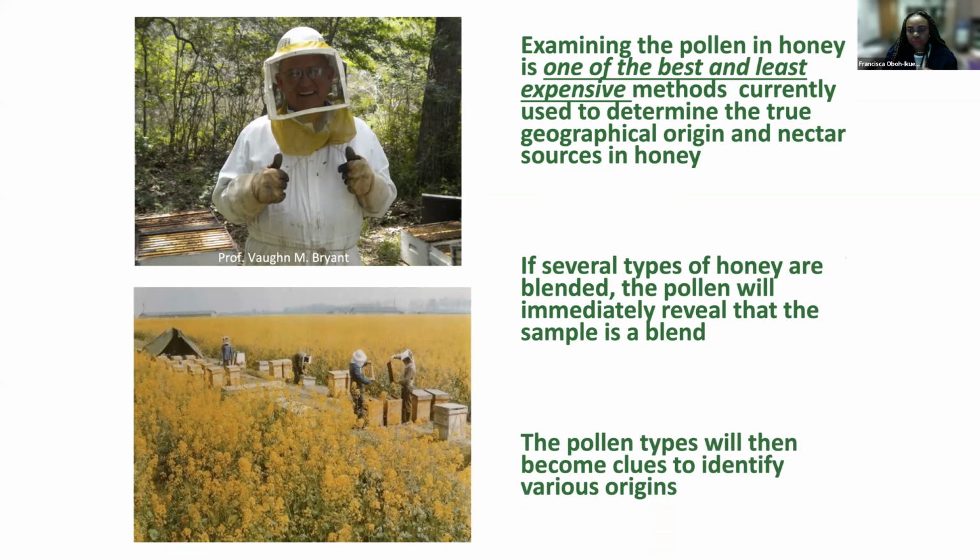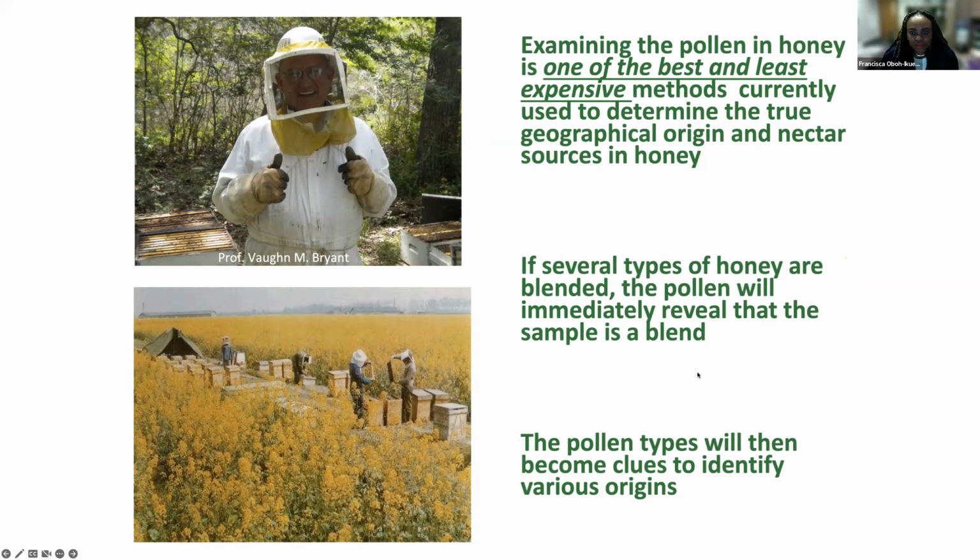And Professor Bryant was always telling us how he was invited to sample the honey from the White House. This was during the Obama era. And he was able to let them know that their honey was not pure. So the types of pollen will also be clues to identify the origin.